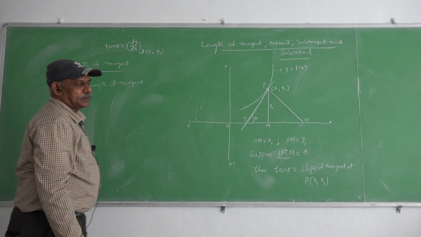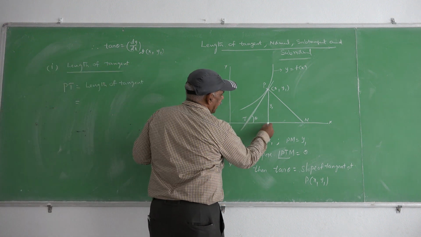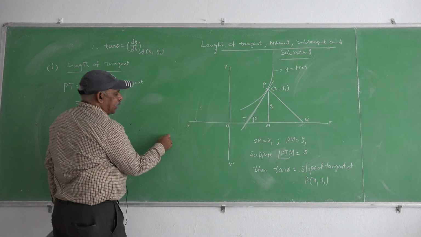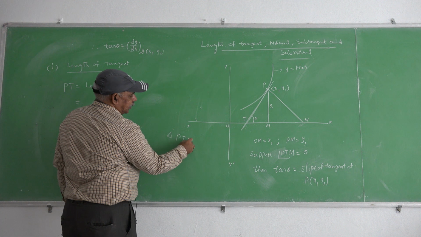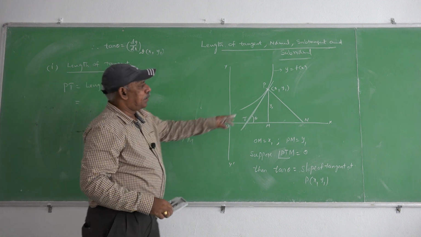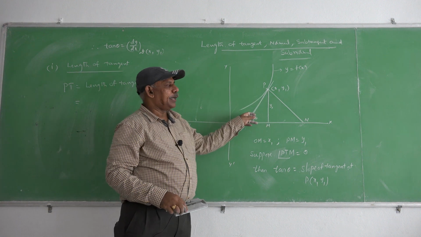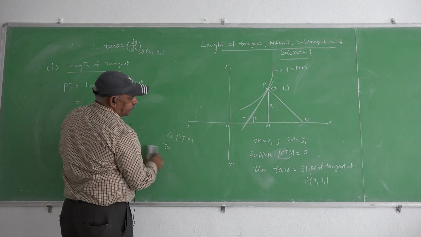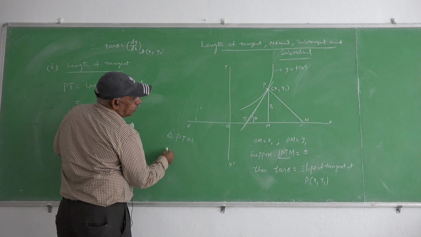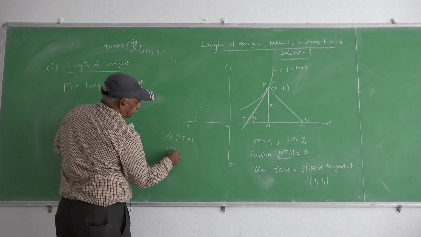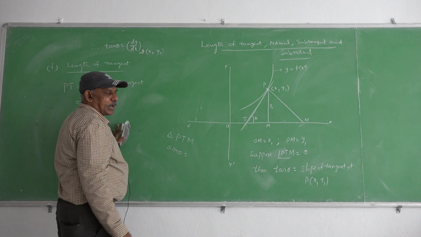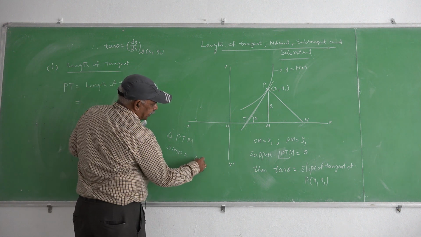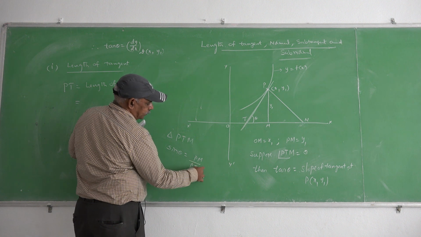That is given by, once you consider this triangle PTM, from triangle PTM, sin theta equals the opposite side PM by PT.